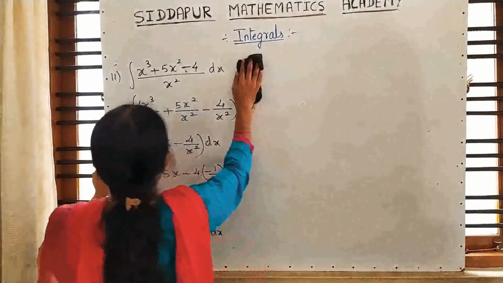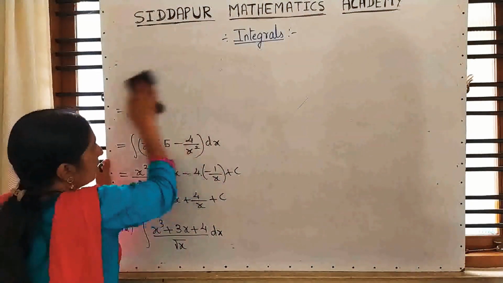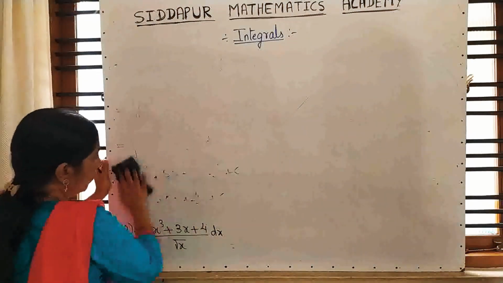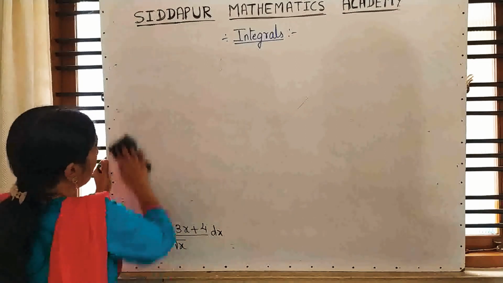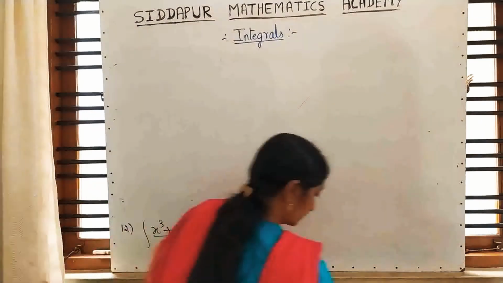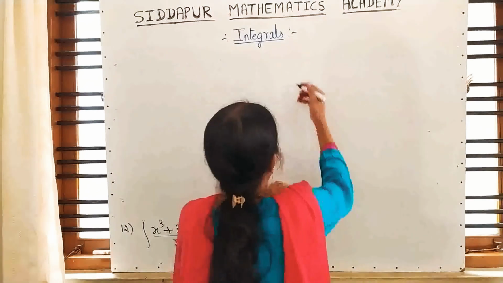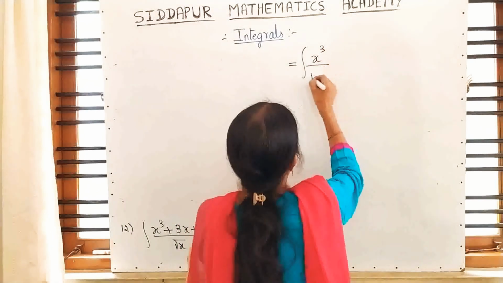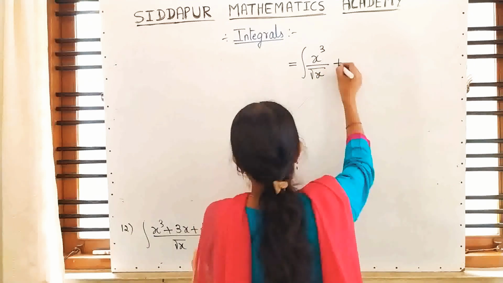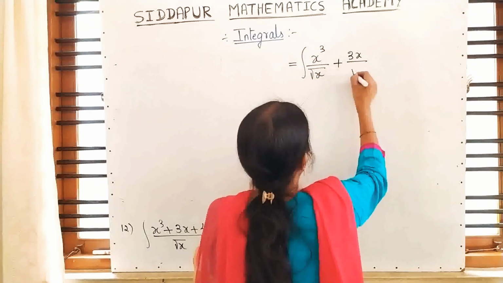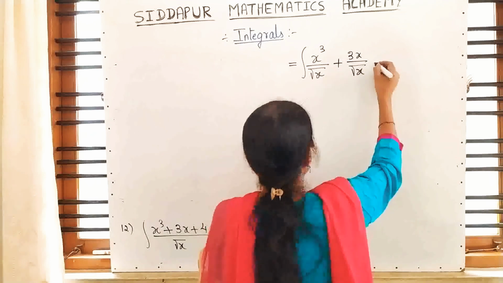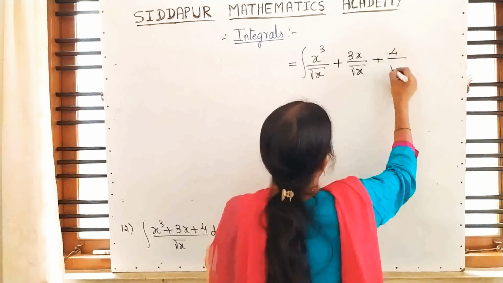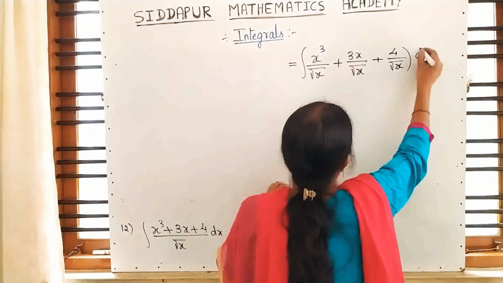As we did in the above, instead of x square we have a root x. So we have to simplify like a previous example. First we have to take root x separately. X cube upon root x plus 3x upon root x plus 4 upon root x.